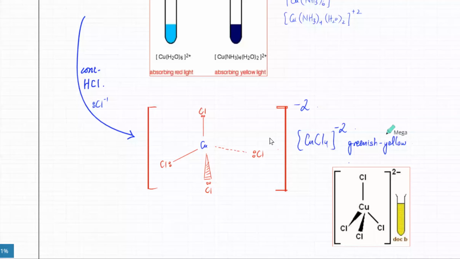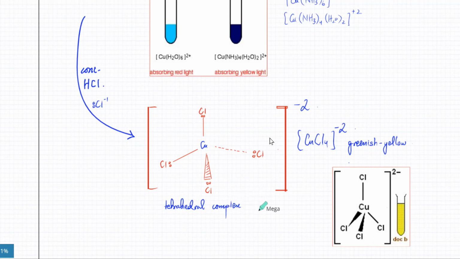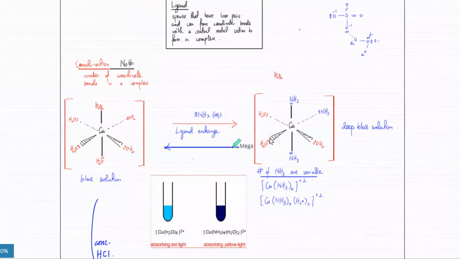So I'll just add to this that this is a tetrahedral complex because it's got a tetrahedral shape. And these other ones are octahedral complexes, which is obvious. It's 6 bonds. The shape is octahedral.